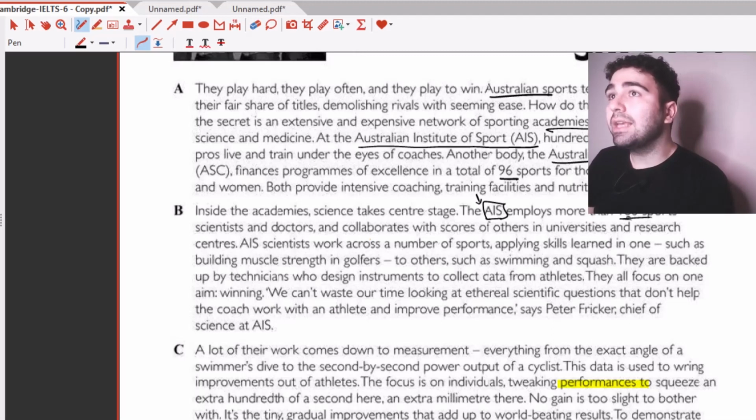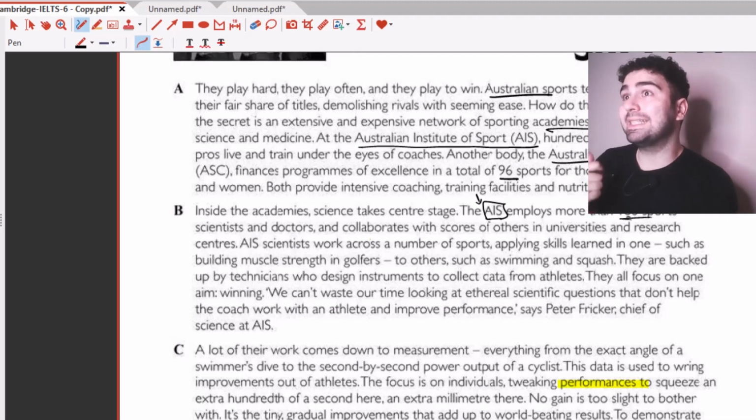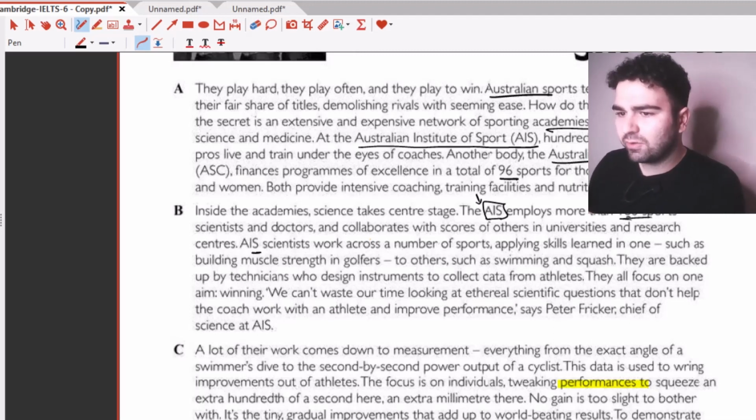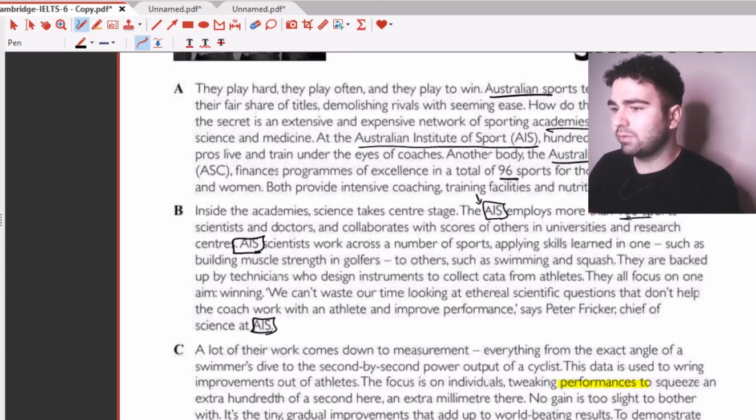Because AIS is way more important than 100. 100 is just a simple number that should be underlined. AIS is something that was there in our keywords, so that might be the answer. Of course, I don't believe it is the answer, because AIS is there all around the passage.